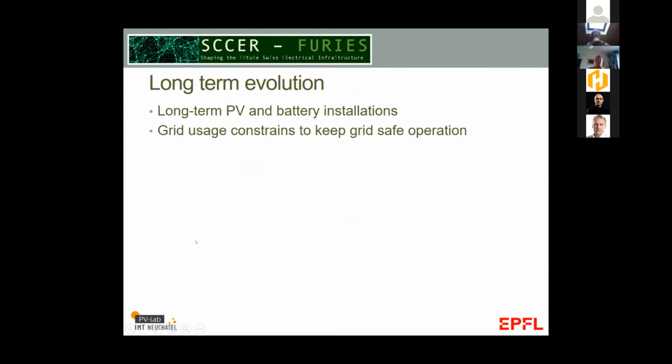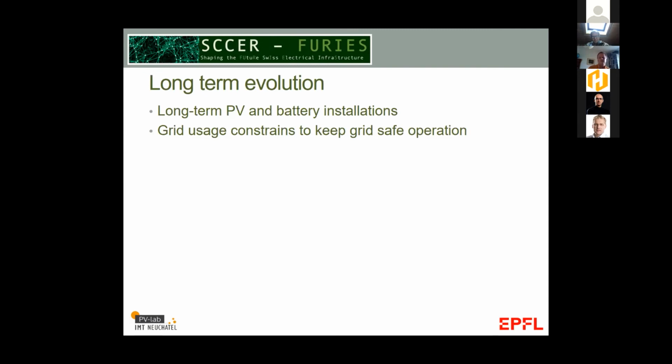What we were also interested in was the long-term evolution. What I just showed basically assumes that every system is installed almost overnight. The reality is that systems will be installed over a long period, and each installation is going to change the operation of the grid.